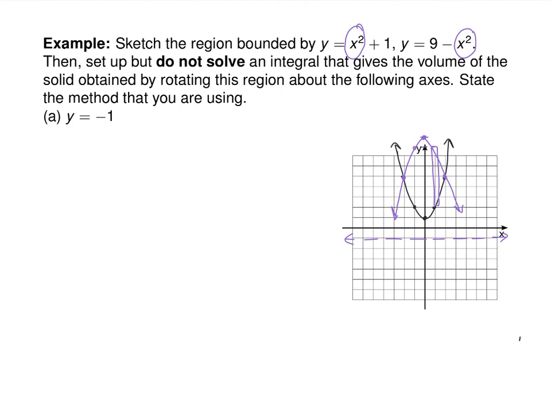And the answer is yes, because you already have equations for the heights of these curves. If you were to try to do the shell method, you have to slice like this, which means you have to solve those equations for x, and that's going to be a lot more complicated. It technically will work, but it's definitely not the best way. So here we are going to use the washer method.